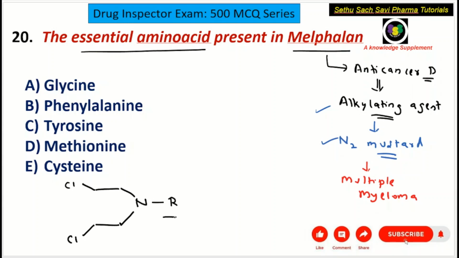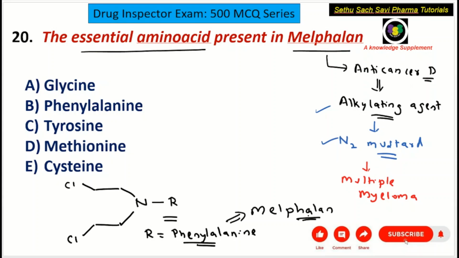So this is the general structure of nitrogen mustard. Now, if this R group is phenylalanine, such nitrogen mustards are called Melphalan.